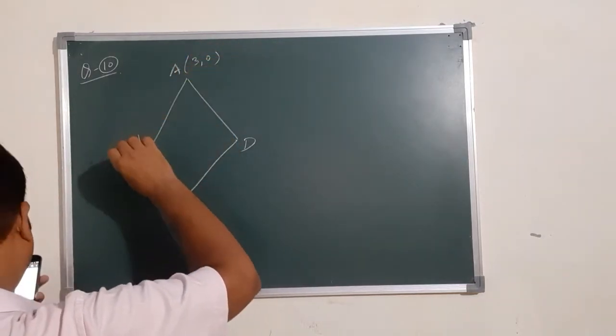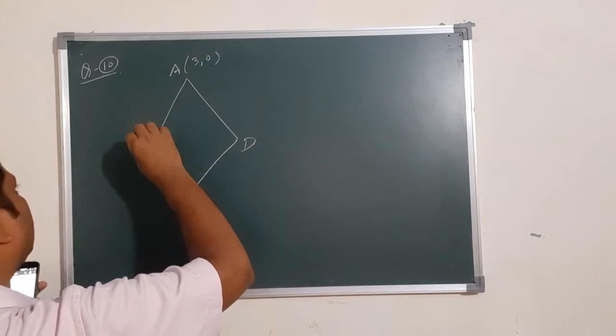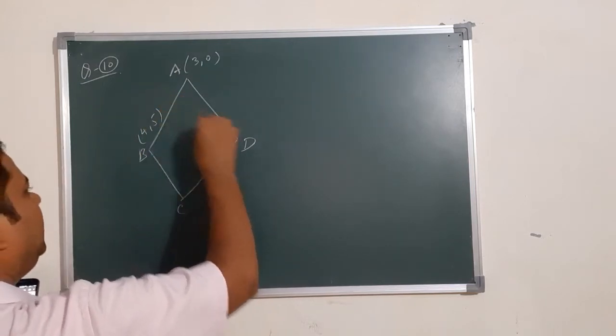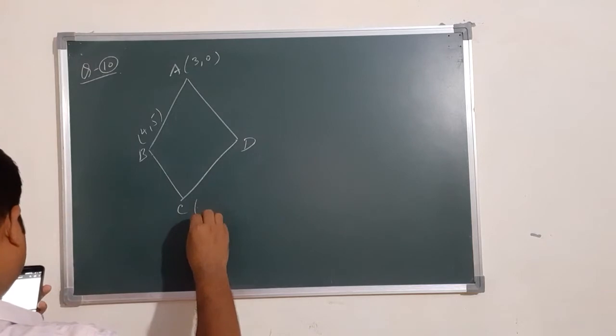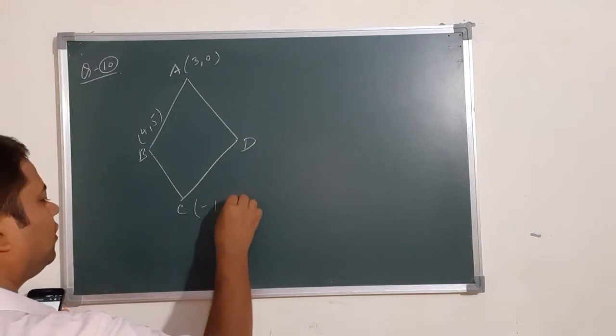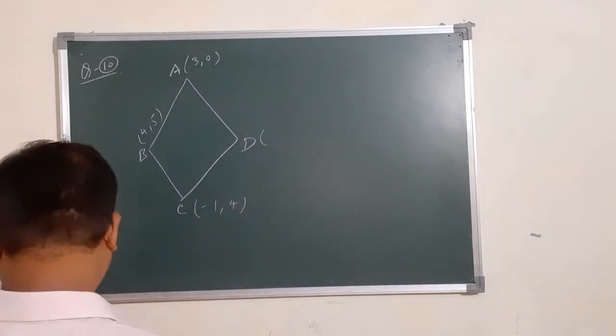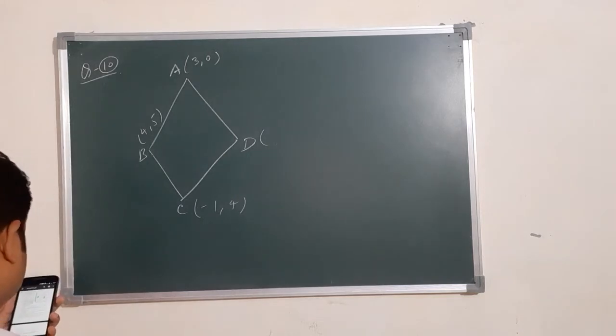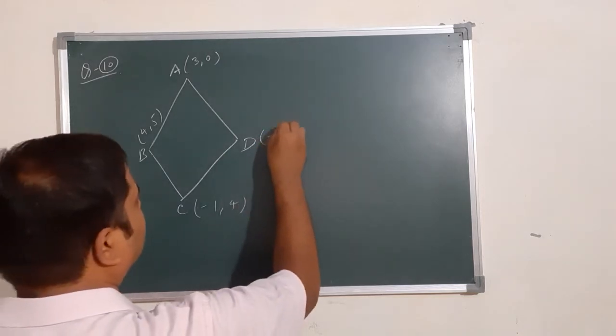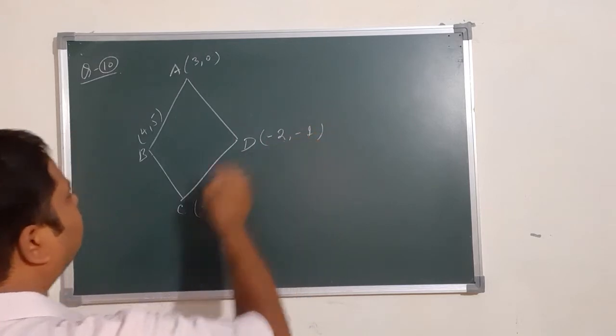B is 4, 5. C is minus 1, 4, and D is nothing but minus 2, minus 1. So this is very easy, no problem.